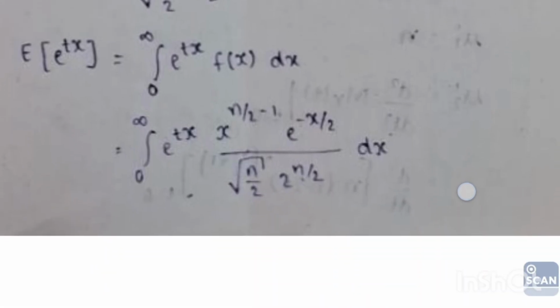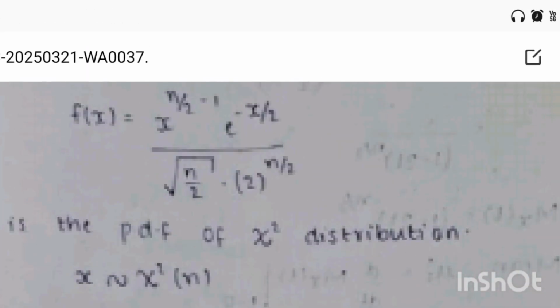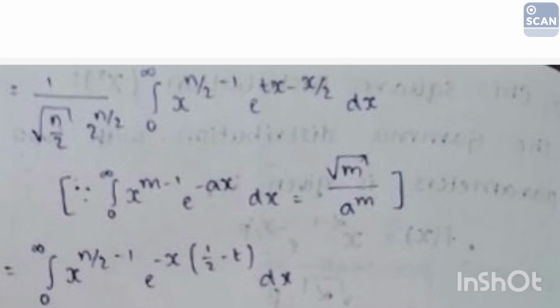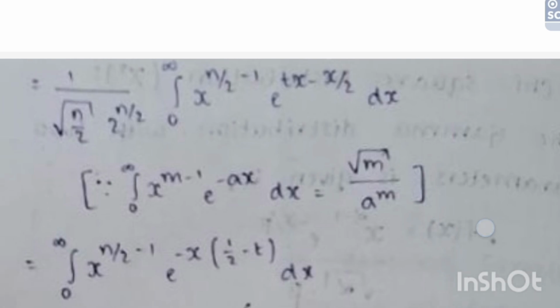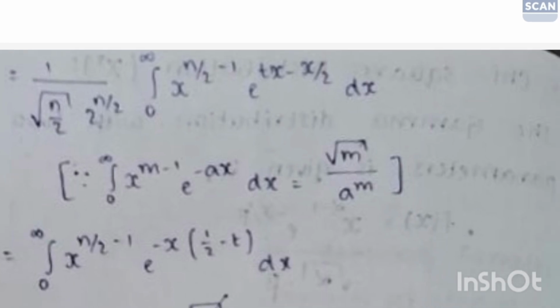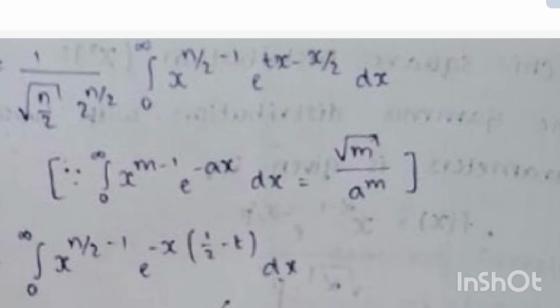If you calculate the mean value, all the other terms are constants. You have the formula: the integral from 0 to infinity of x to the power of m minus 1 into e to the power of minus ax dx gives the gamma formula, gamma of m divided by a to the power of m.